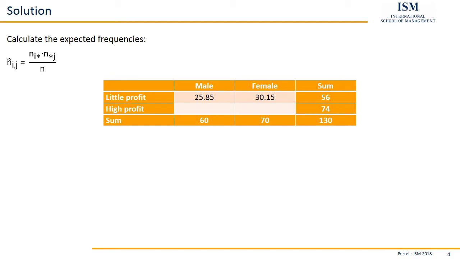Then for male and high profit, we have 60 times 74 divided by 130, giving us 34.15. And we do the same thing for female and high profit, where we get an expected frequency of 39.85.